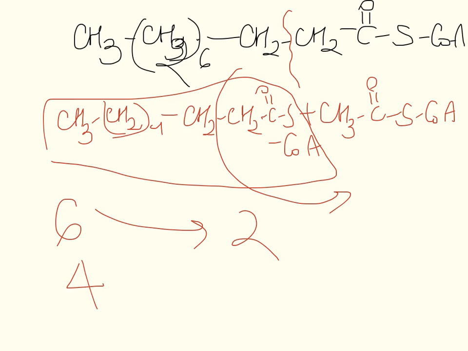So every fatty acid, based on the number of carbon atoms it has, releases acetyl coenzyme A according to the number of carbon atoms. So again, acetyl coenzyme A and NADH are important players in metabolic pathways. So that's the use of the beta oxidation.